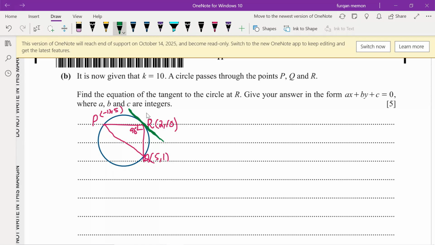So this is the tangent to the circle at R. So we need to find the equation of this tangent.